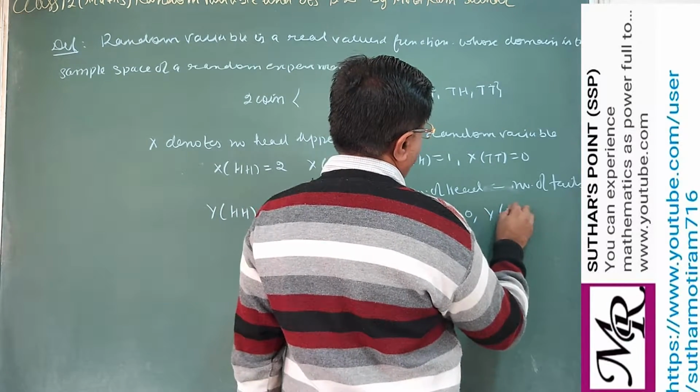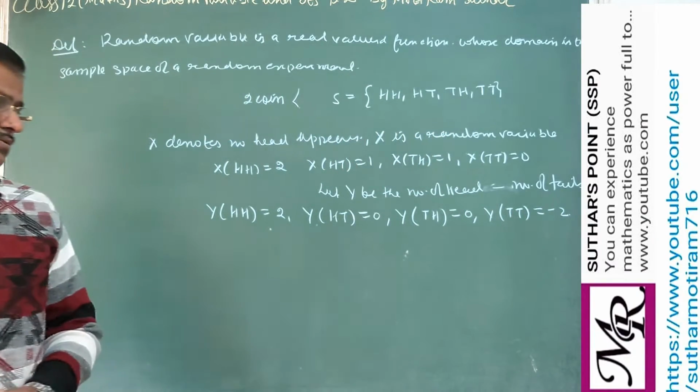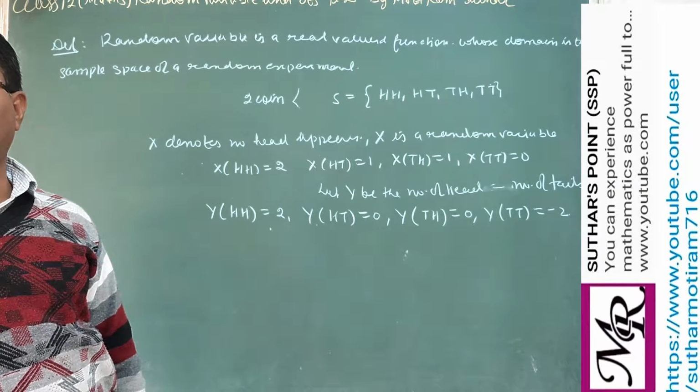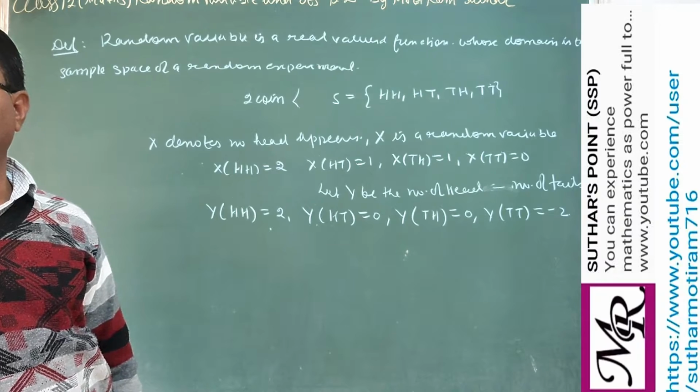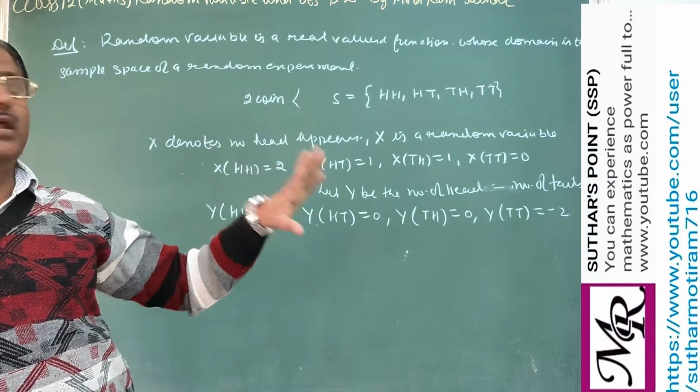And number of heads 0 minus 2 tails gives minus 2. So in this way you can say Y is also a real number. What is Y? Number of heads minus number of tails.